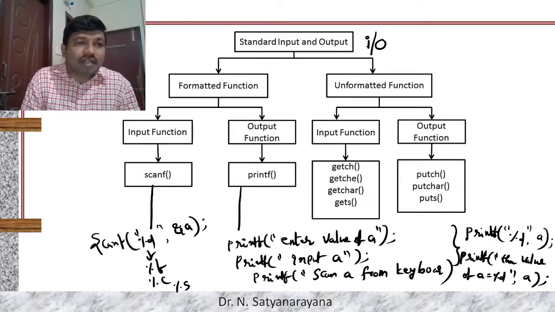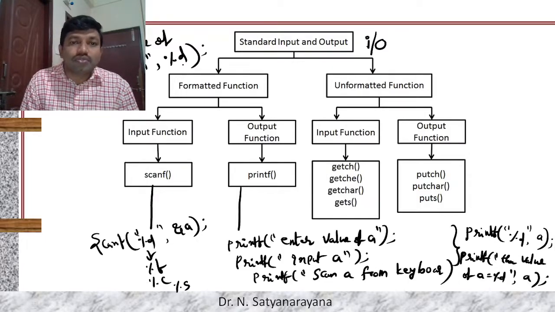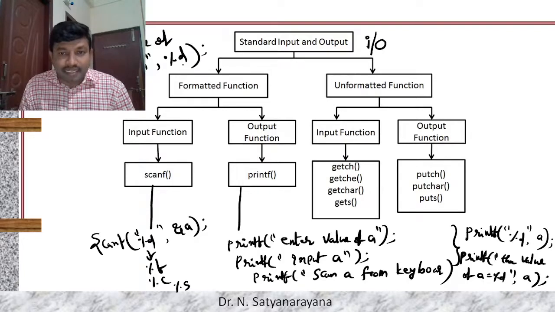Format in the sense, the way you would like to write the output on screen, you can customize. So I said the value of a is percent d. If you want to include a new line, this customization is in the control of the user using these functionalities printf and scanf.